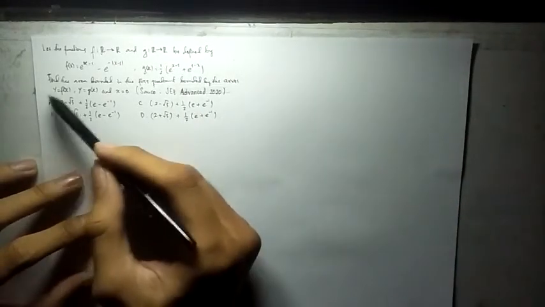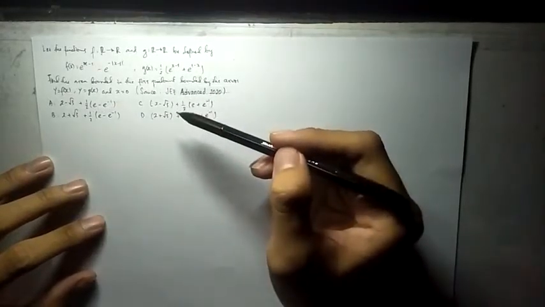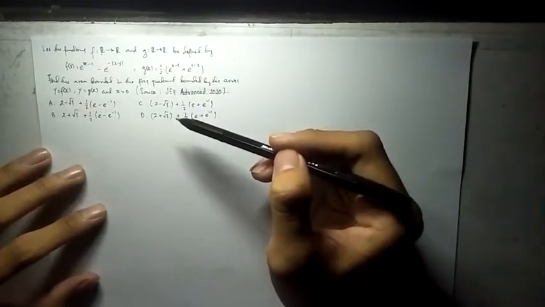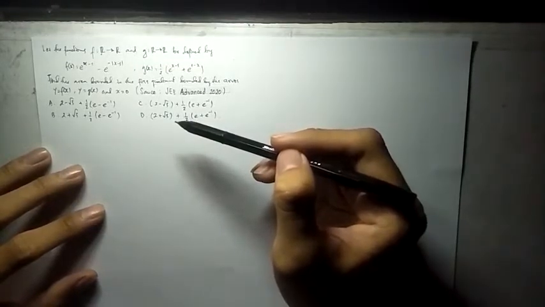Find the area bounded in the first quadrant by the curves y equals f of x, y equals g of x, and x equals 0.